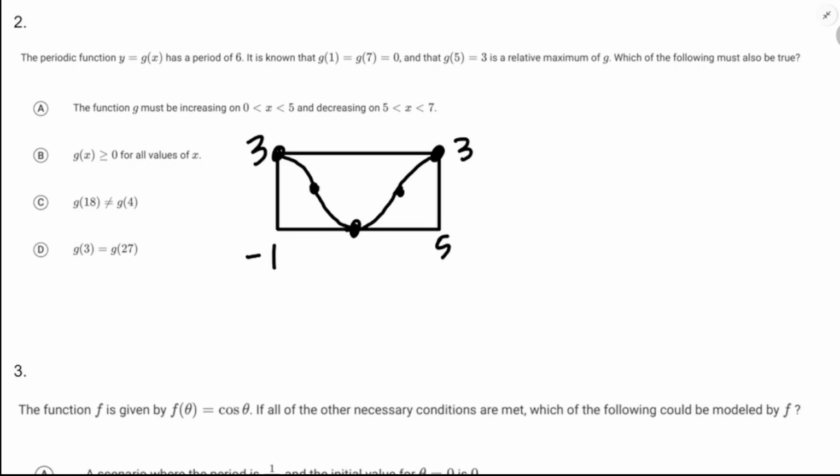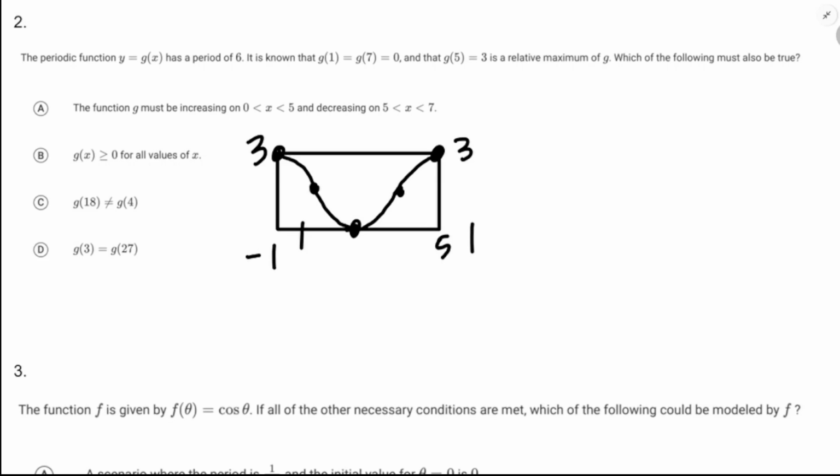Okay, it's another relative maximum. I'm thinking that if g of 1 and g of 7 are both equal to 0, that does make sense, because 1 is 2 to the right of negative 1, and also 2 to the right of 5. Maybe that's just some point in the middle on the way, and it will fit just right.